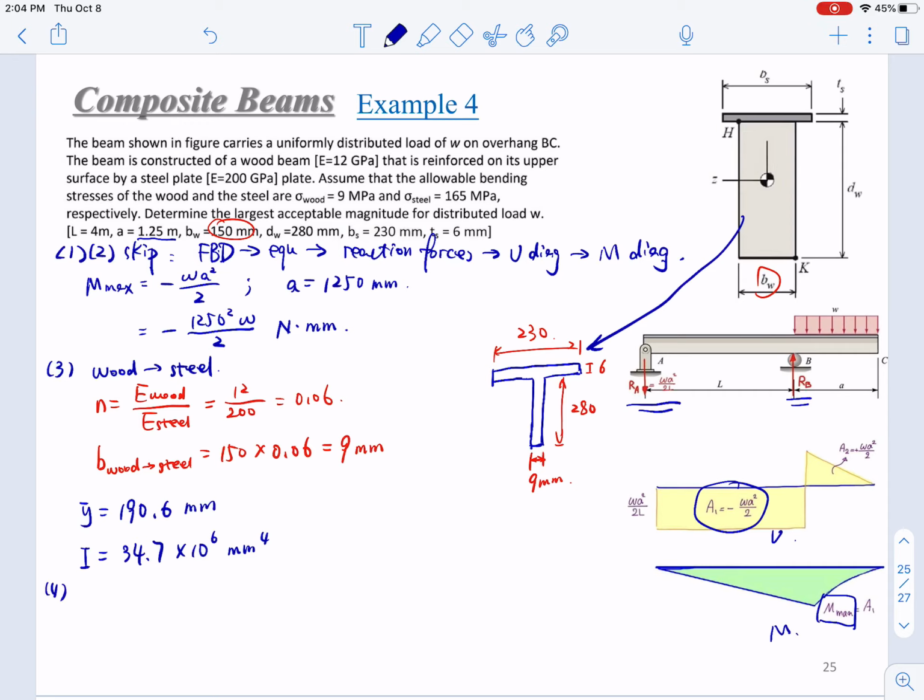Then in the fourth step, we can calculate the maximum stress in steel.